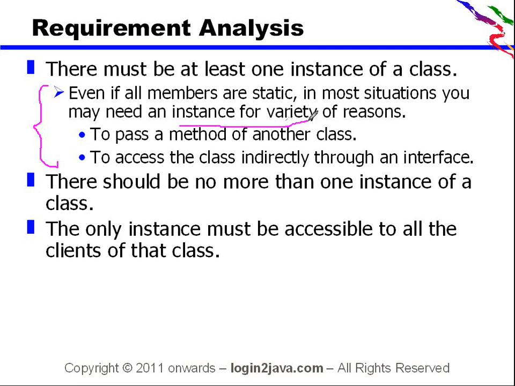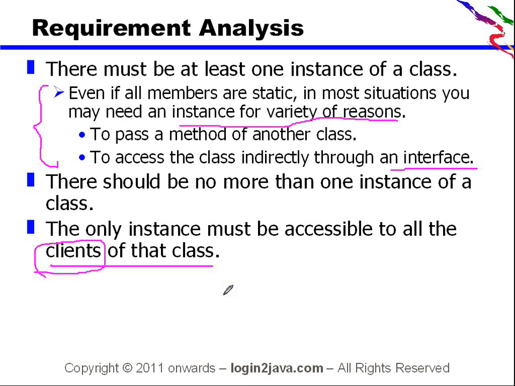There should be no more than one instance of the class, and the only instance must be accessible to all the clients of the class. Now, clients. Client here means the module or the program that is using the singleton class.